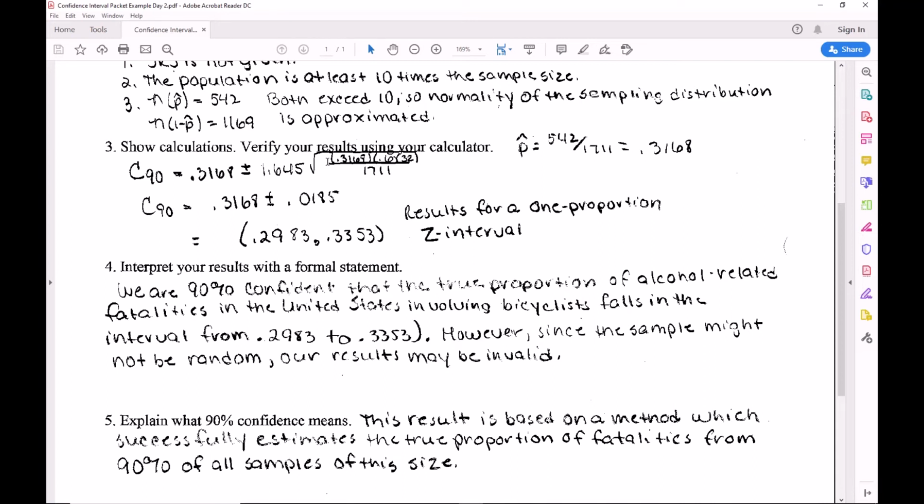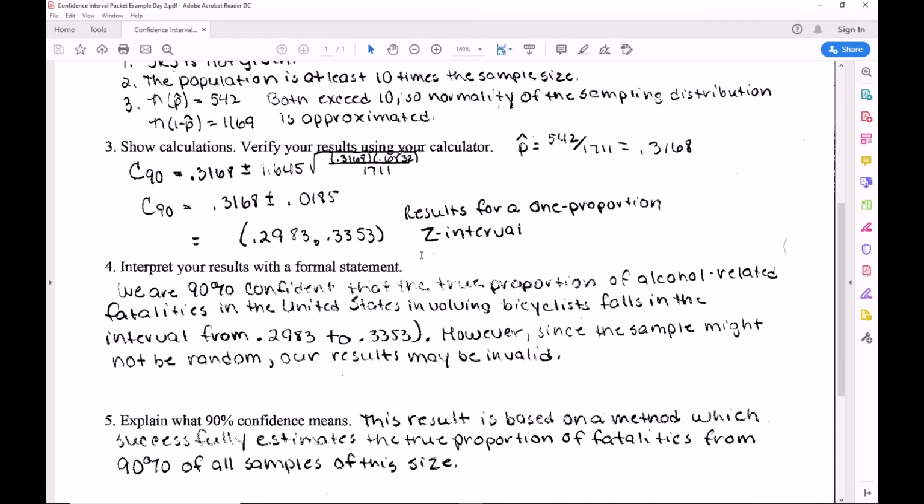That's going to be p hat 0.3168 times 1 minus p hat 0.6832 divided by n, which is 1,711. And all of this gives you a margin of error of plus or minus 0.0185 to your sample estimate. So when you do the final math, you get 0.2983 up to 0.3353. Okay? So I'll let you pause and write that.